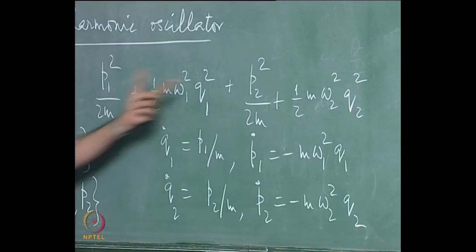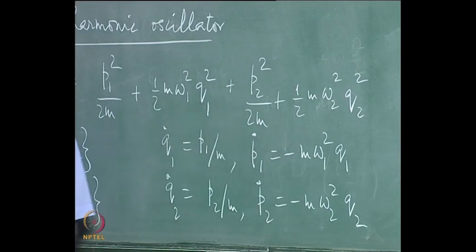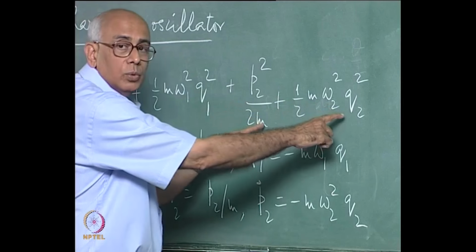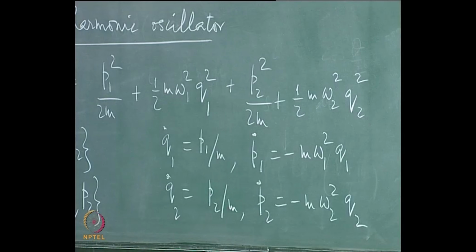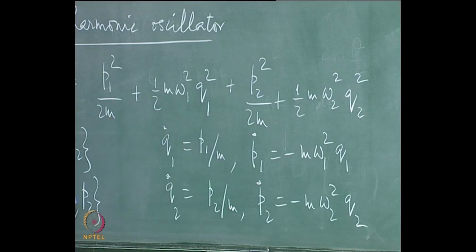And since the 1s and 2s have nothing to do with each other, this and that are in involution with each other. So you could in fact call this f1 and this f2, and f1 comma f2, the Poisson bracket, vanishes, and each of these is a nice analytic function of the arguments, and therefore by the Liouville-Arnold theorem this system is integrable completely. We can write its solutions down explicitly.